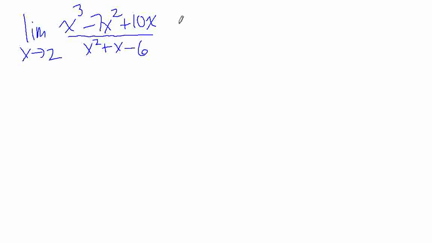If it's continuous at x equal to 2, I would simply evaluate the fraction at x equal to 2 and I'm done, period. No need for L'Hopital's rule. So mentally plug in 2 into the top and bottom. You'll see that this is a 0 over 0 situation. So in that case, we're allowed to use L'Hopital's rule.